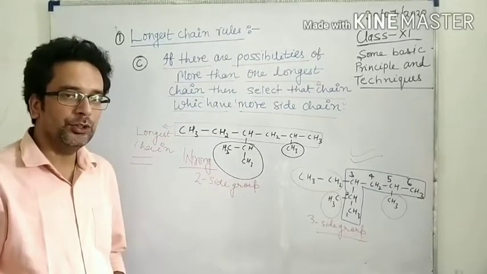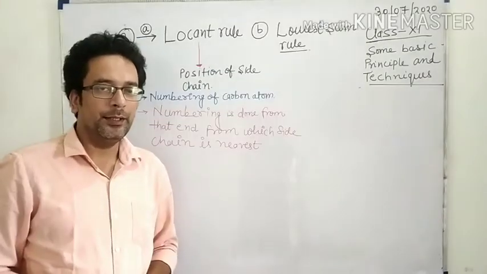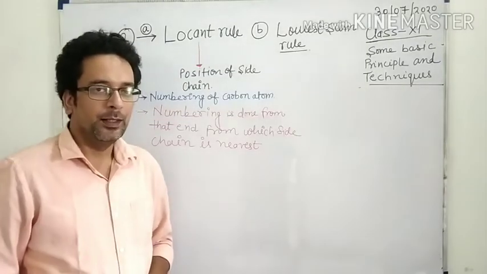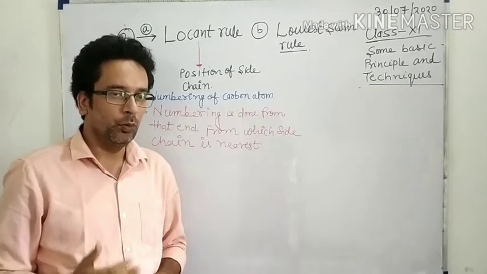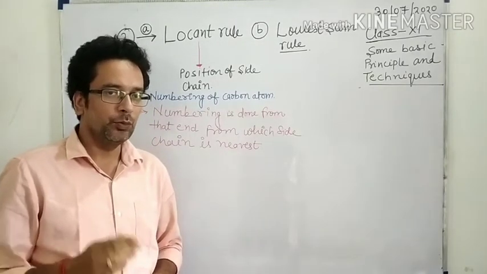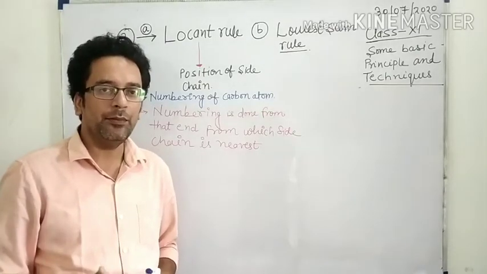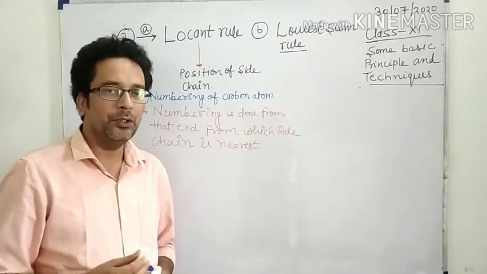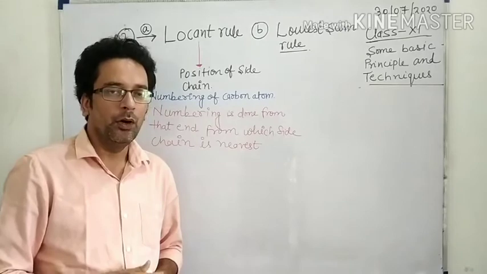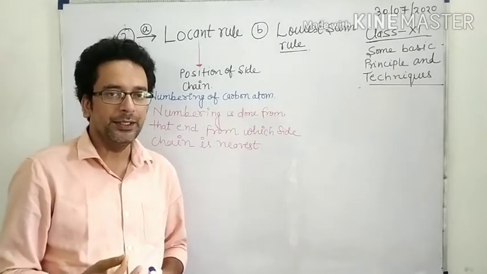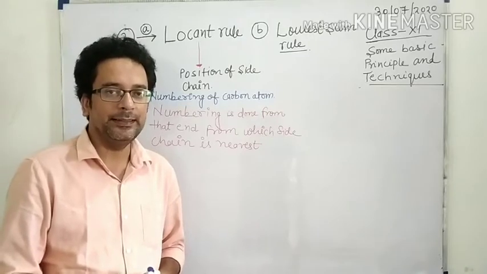Now next I am going to discuss the second point, that is locant rule. In locant rule there are two categories. First, in which we discuss what is the meaning of locant rule, and lowest sum rule. So first I am going to explain what is the meaning of locant rule. Locant means position of side chain.